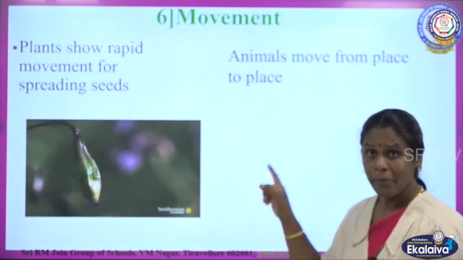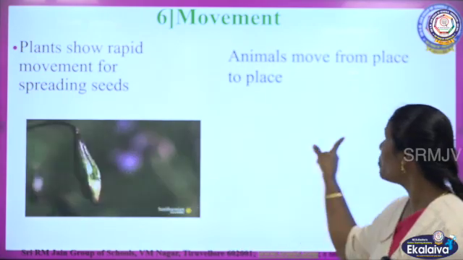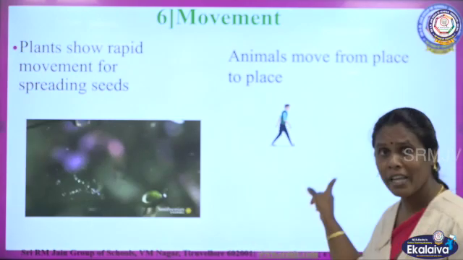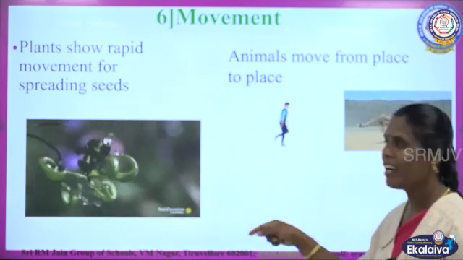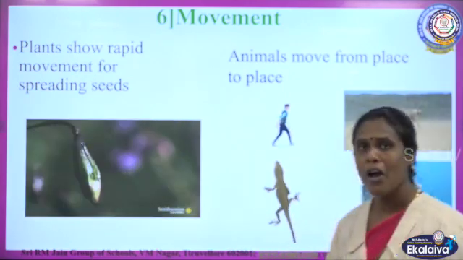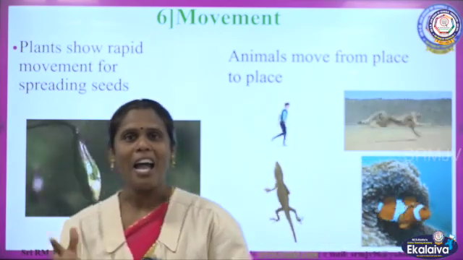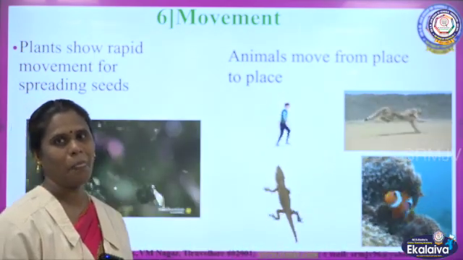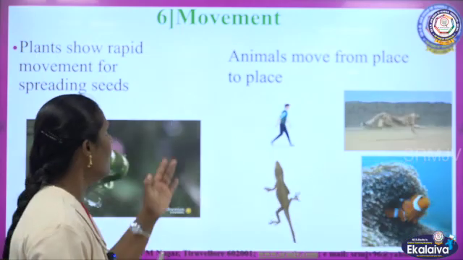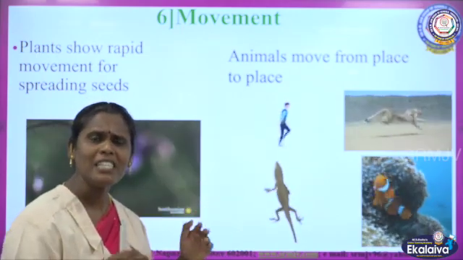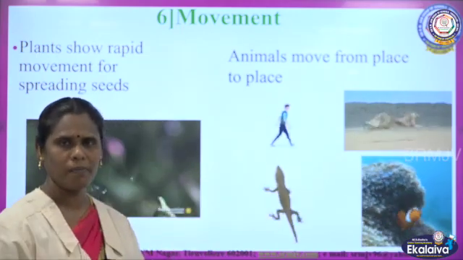Next, animals. Animals move from place to place by walking, running, crawling, swimming and flying. You see, movement is different from locomotion.